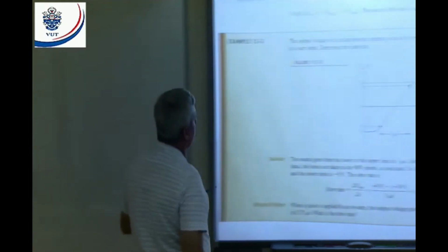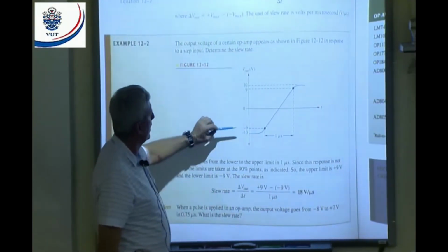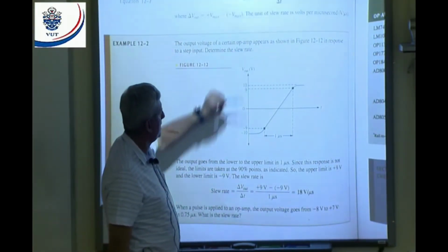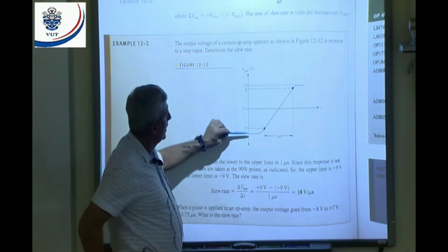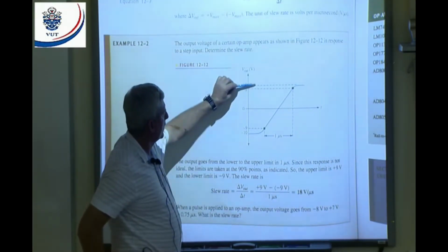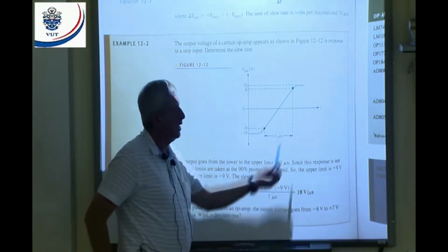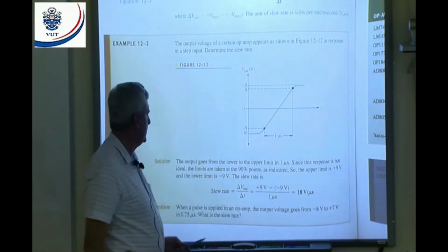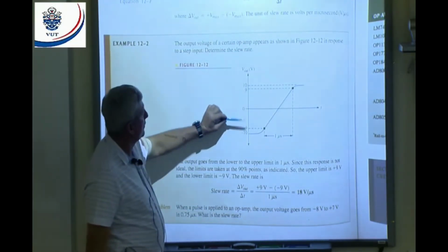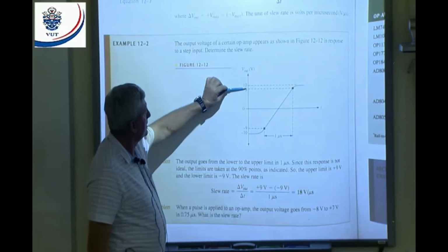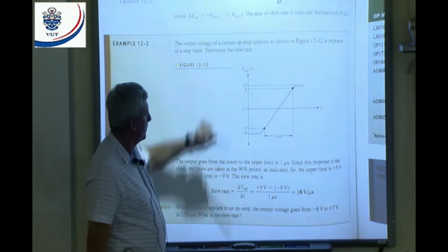Now, here you can see this thing goes from minus 10 to plus 10, all right? But that's why we go 10% up and we go 10% down, all right? And from there to there, that is my time, 1 microsecond, all right? And the voltage varies from plus 9 to minus 9, or minus 9 to plus 9.